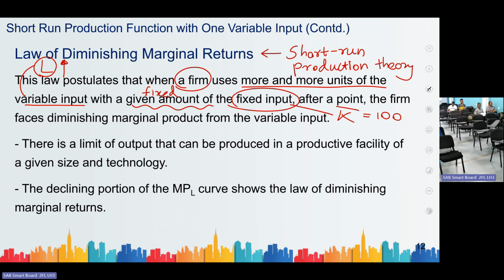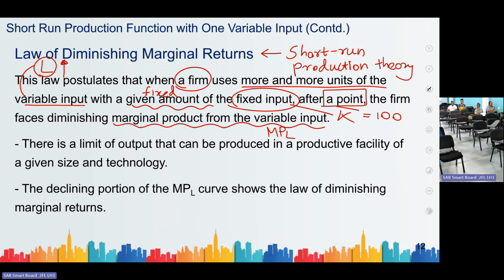there is one point after which the marginal product of the variable input, in our case labor, so the marginal product of labor, is diminishing.